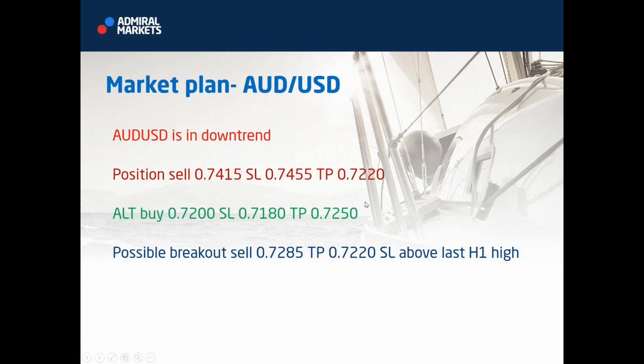Australian dollar is in a downtrend. As you can see, today I told you that the option is sell on rallies. And well, Australian dollar is a bit, I don't know. I don't agree with the Reserve Bank of Australia. I cannot judge the decision of policymakers, but let me tell you that it could be a stupid decision to cut the rates now.